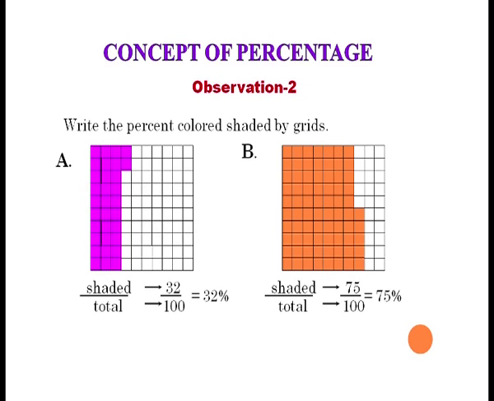So we conclude that 32% is shaded pink. Similarly, observe the second figure, shaded in deep orange. Shaded is 75 upon 100, which is equal to 75%. So we conclude that 75% is shaded deep orange.